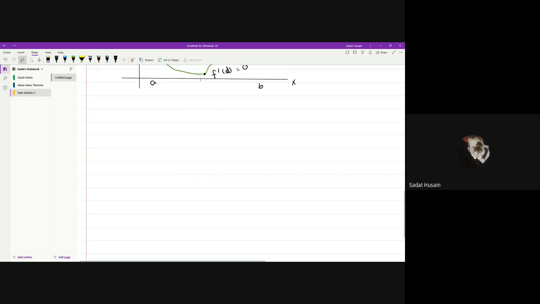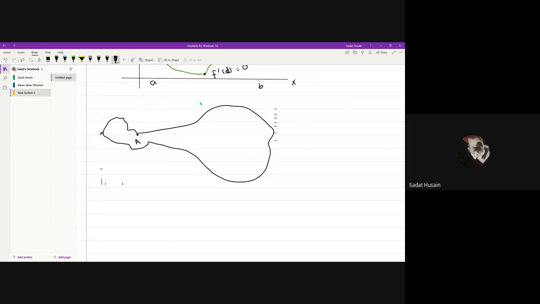For example, let's say you're in a car and your starting point is A, and you journey from A to some other point. It doesn't really matter which path you take, and your end point is A, right?